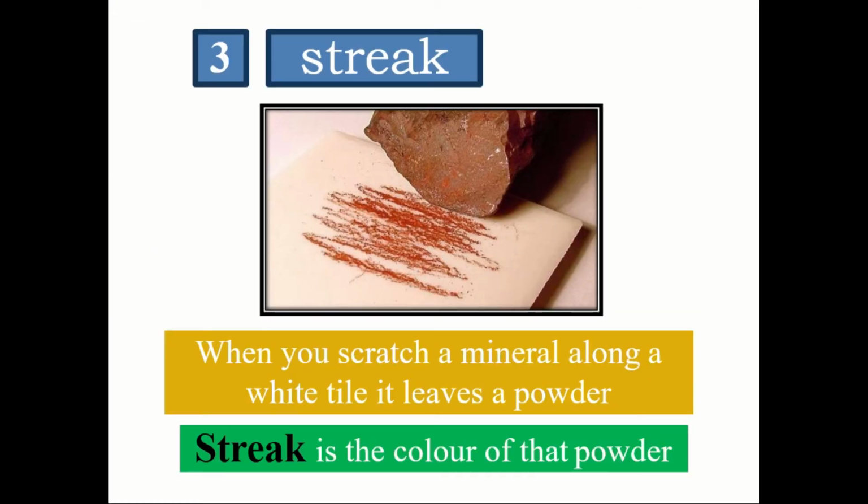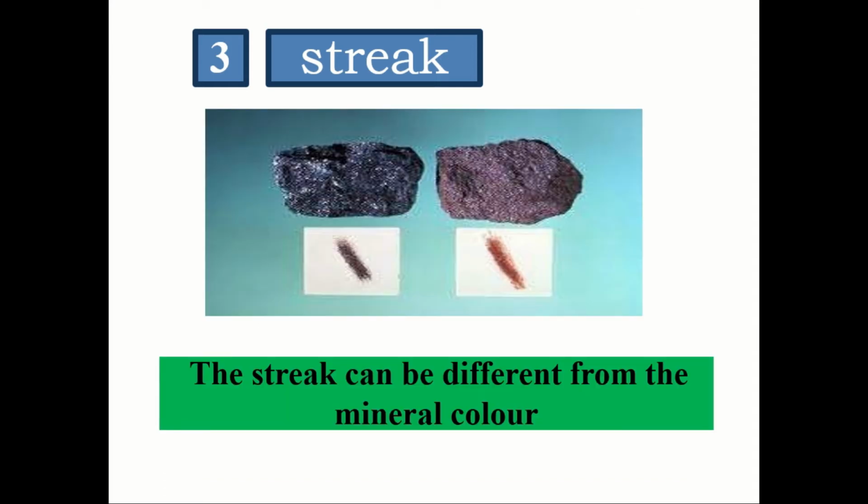So the next physical property of minerals is streak. Streak is when you scratch a mineral along a white tile and it leaves a powder. The streak is the color of that powder. The streak can be different from the mineral color, so it depends again on our minerals. As I have said, minerals have different compositions and different colors.